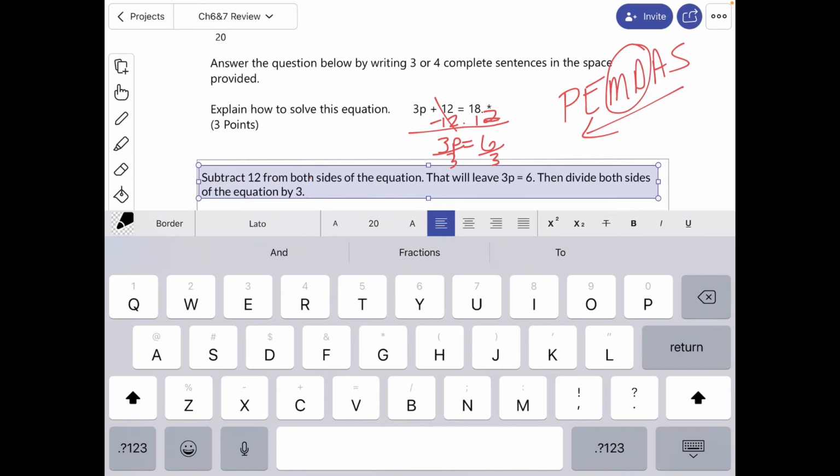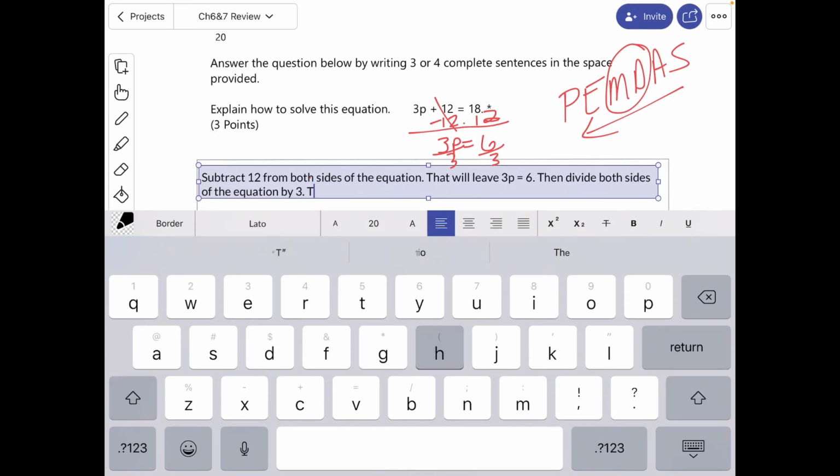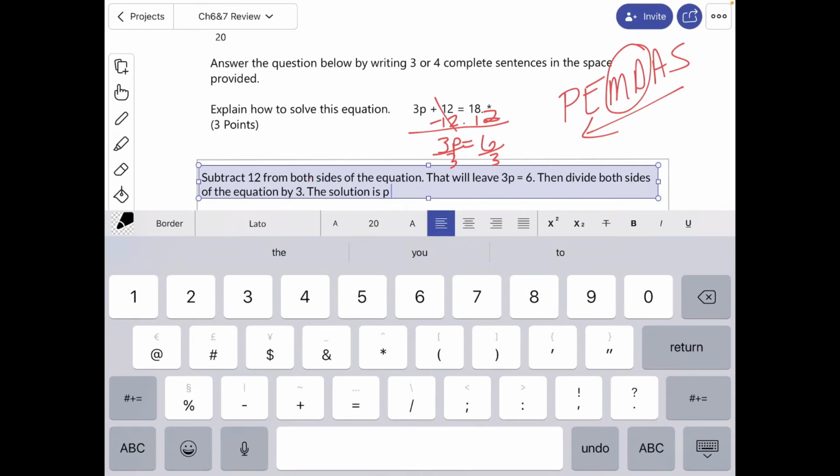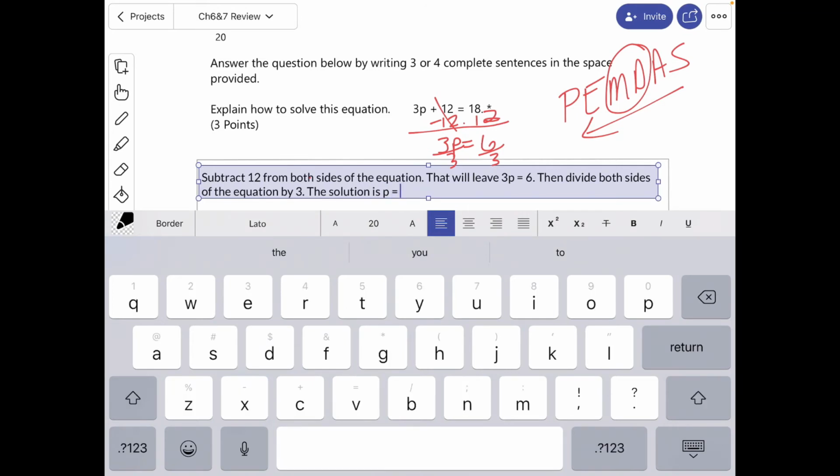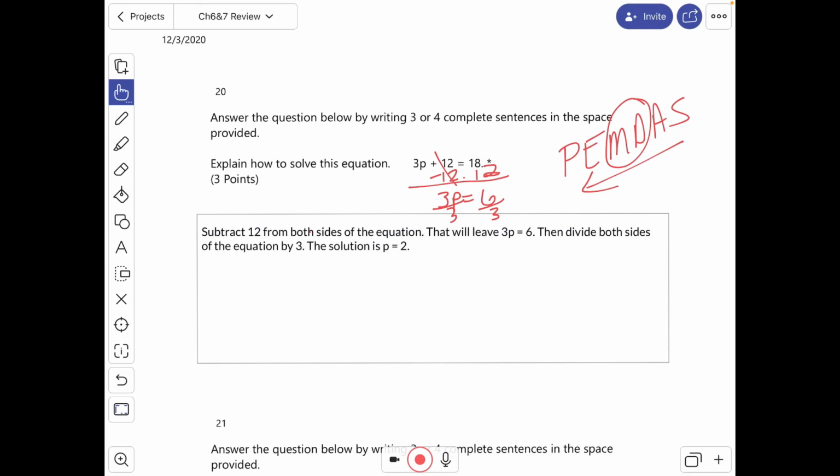When I divide both sides by 3, the 3's will cancel, and p is going to be 6 divided by 3 is 2. So I'm going to write the solution is p equals 2.